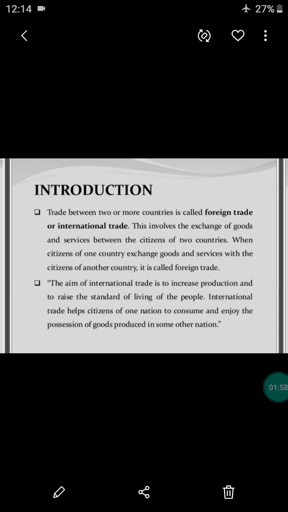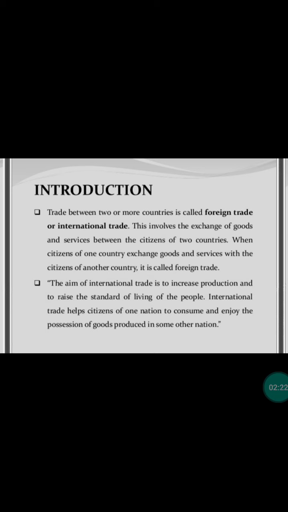The aim of international trade is to increase production and to raise the standard of living of the people. International trade helps citizens of one nation to consume and enjoy the possession of goods produced in some other nation. Because as we all know, every country cannot produce each and every product that is demanded in that country.